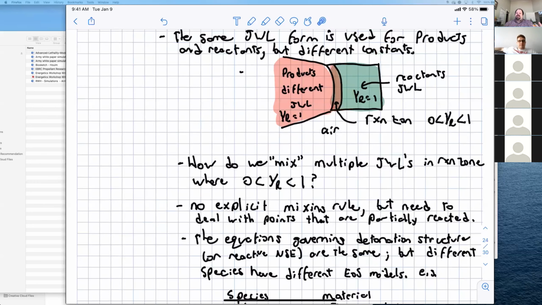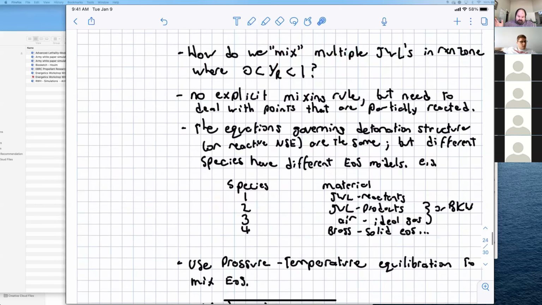And so what do we do when it's generalized to where all the different species have a completely different equation of state? You can't mix them as easily as you do in a traditional combustion sense. Okay, so for example, for our detonator, you have JWL reactants, JWL products, air, that's an ideal gas, and you have brass, and there are very solid mechanical equations of state that you can use with varying complexity.